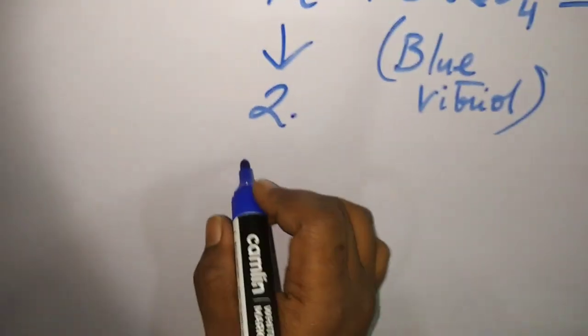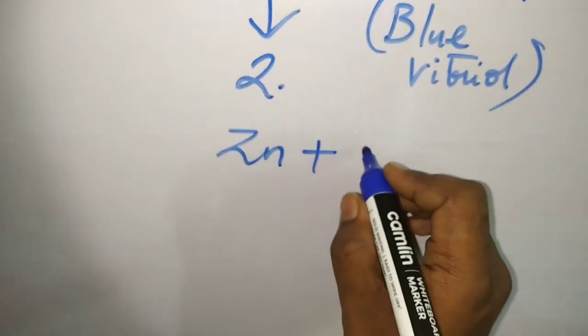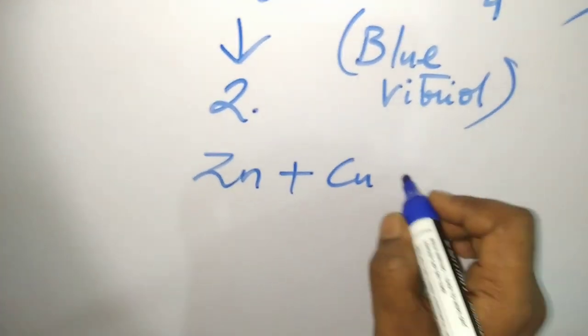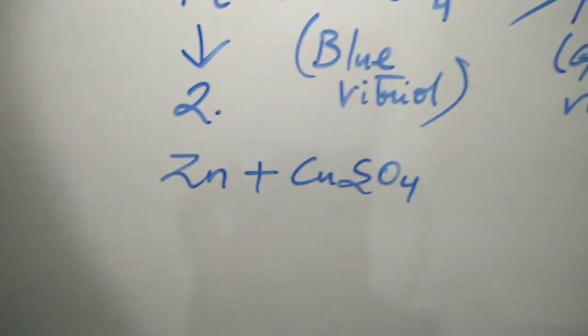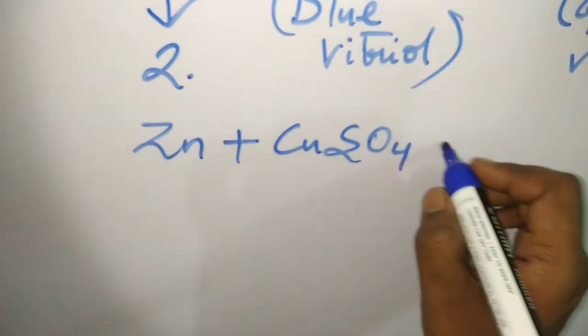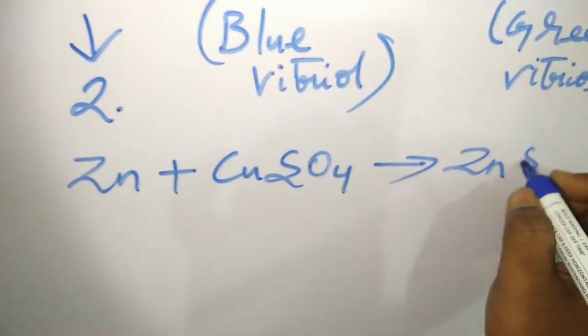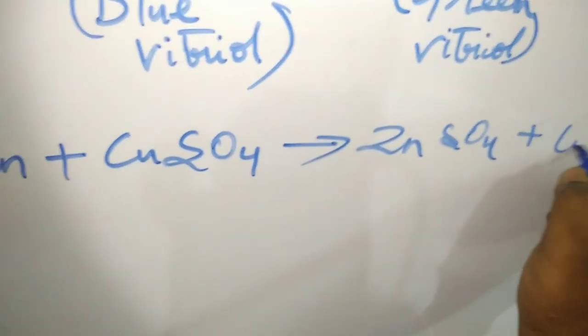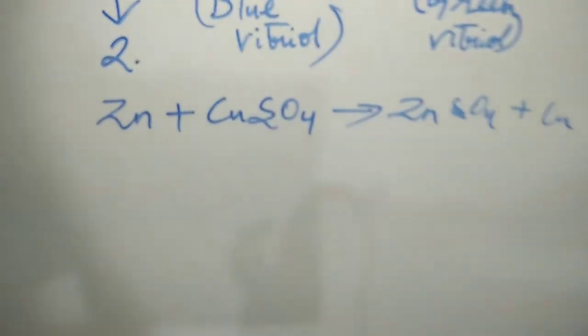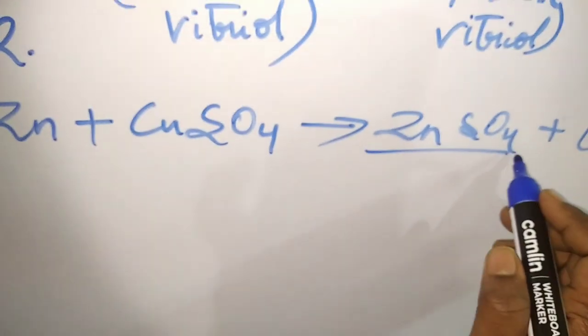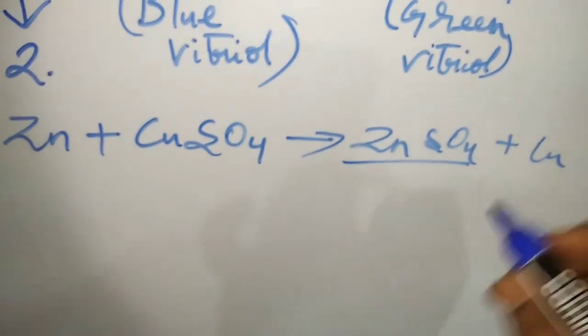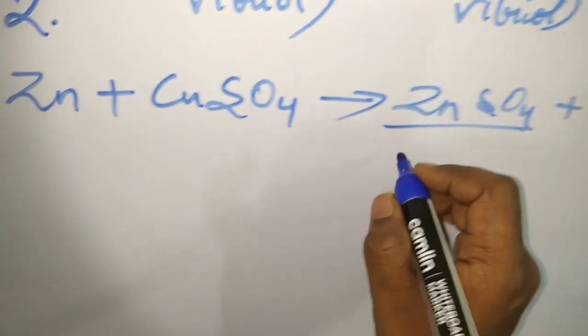See other examples also. When zinc is reacting with copper sulfate, it is forming zinc sulfate and copper. Same reaction, and this zinc sulfate is also known as white vitriol.